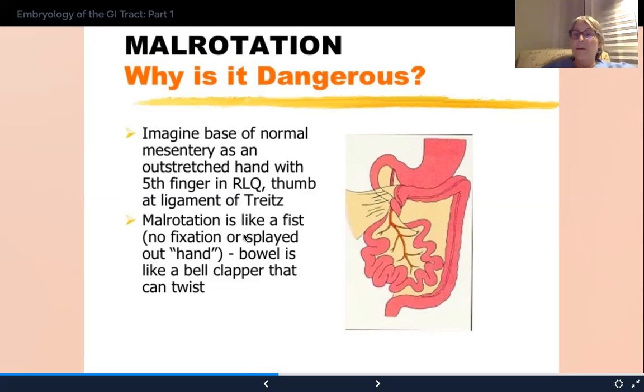And it's not going anywhere. It's not moving, right? If this bowel comes back into the abdomen without those points of fixation at the ligament of Treitz and the terminal ileum, what ends up happening is it's like a fist. It looks like this. And therefore, all the bowel at the end is basically like a bell clapper on the end of this artery, and it can twist.